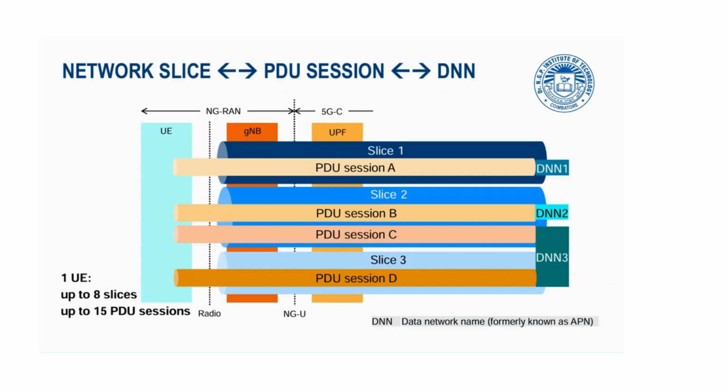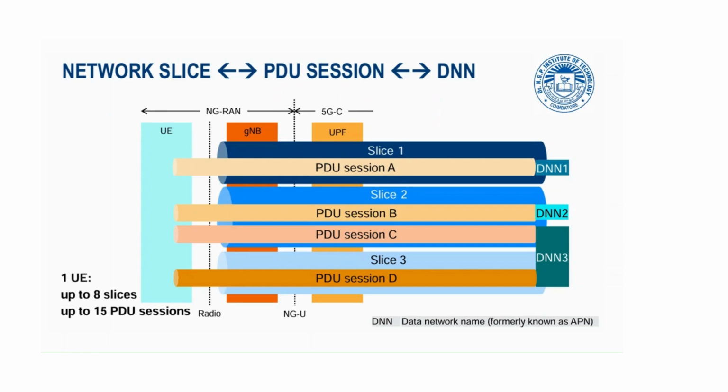So in this slide, we can see slice 1 serves PDU session A, which connects to DNN1. Slice 2 runs PDU sessions B and C, and PDU session C connects to DNN2. And slice 3 handles PDU session D, with respect to DNN3.